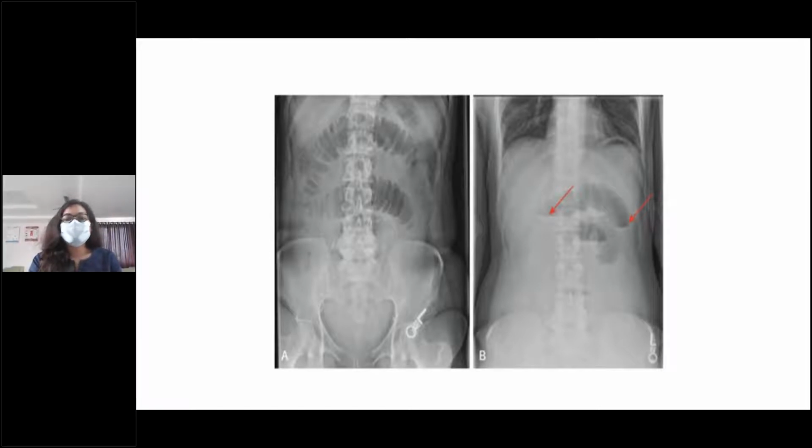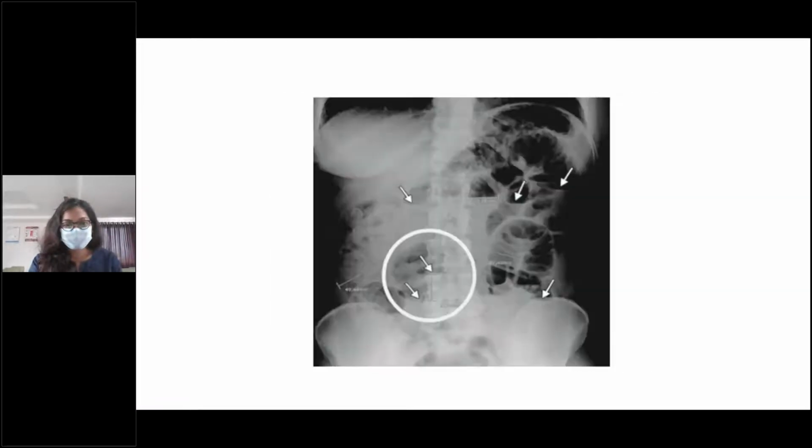You can see the arrows, those are indicating the air fluid levels. In this picture, we can also see dilated bowel loops with air fluid levels.